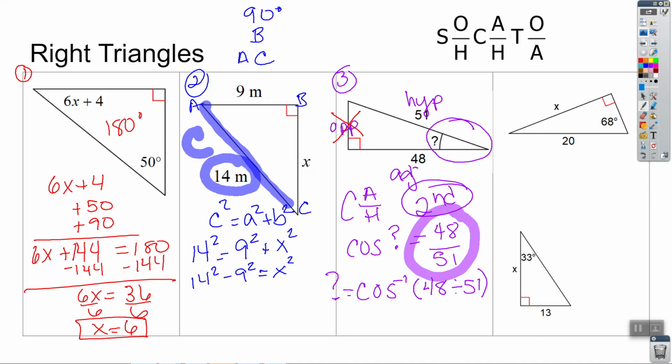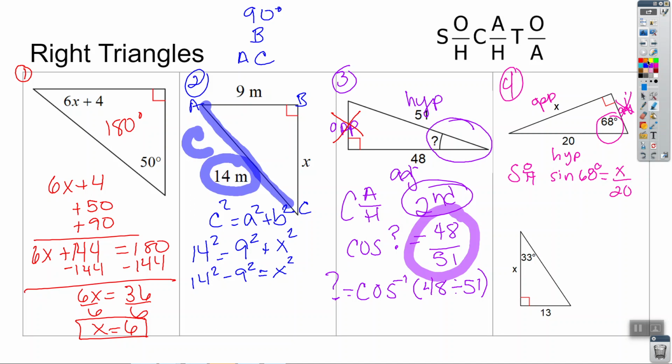So I'm going to go through my last problem on my last column over here, column 4. I have 68. I'm going to label my opposite, my hypotenuse, and my adjacent. This time I cross out my adjacent. I'm left with the O and the H, so sine of 68, because that's the angle I picked, equals x over 20.